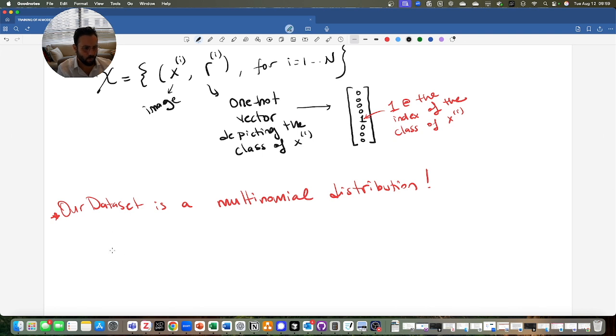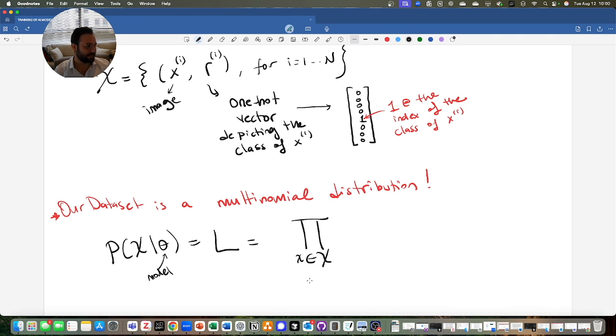So then what is the likelihood? The likelihood is the probability of my whole data set given the parameters of the model. Since my model outputs, which I hope to be the probabilities, should explain my data set. That's called the likelihood, the capital L. And it is nothing but going over all of the samples in my data set.